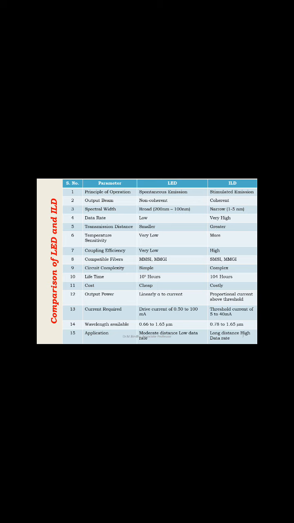So these are the two types of optical sources we can use. Depending upon the application and the output power needed, we use one of the sources as an important optical source, which helps in converting an electrical signal input to an optical output. Thank you.